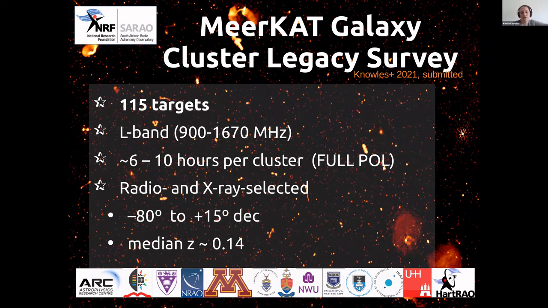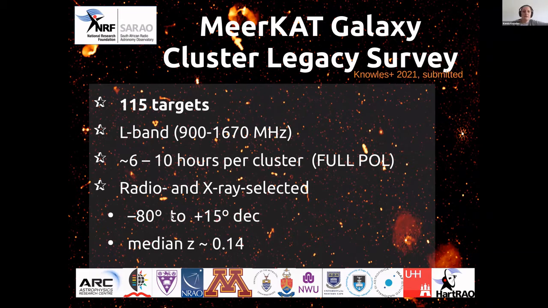And then in order to have a subsample, or at least some clusters that weren't necessarily biased towards diffuse emission detections, they also selected clusters from the MCXC catalog below a declination of -40.